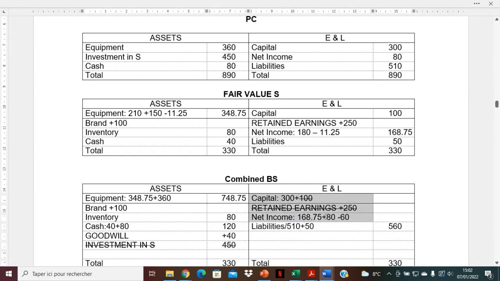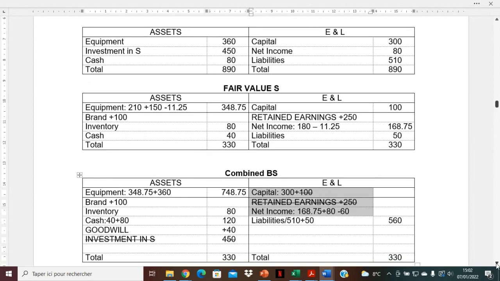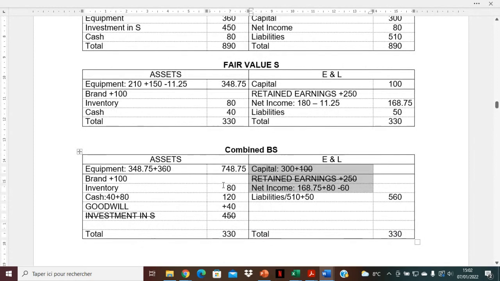Okay, I delete 410 here in equity. So we are both balanced and we are finished. Okay, and my final balance sheet, I have total equipment, inventory, cash, goodwill. And the total value of all this is, if I check quickly my solution, 1048.75.